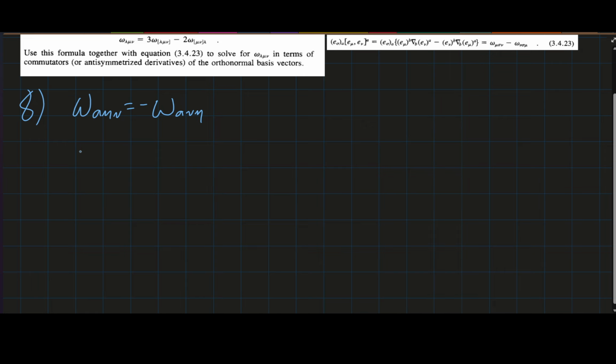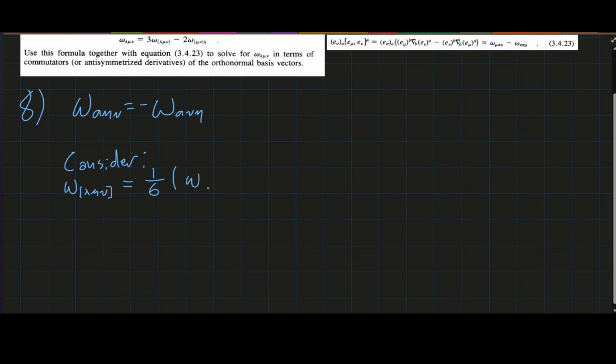We can say, consider omega lambda mu nu. So this is the first term in what we're trying to show. Let's just expand it. We're going to get 1/6 out front. I think it's 1/3 factorial, because you get 3 times 2 times 1. And then we can write this in all the different ways that it can be written.